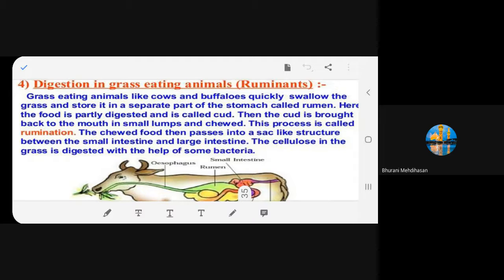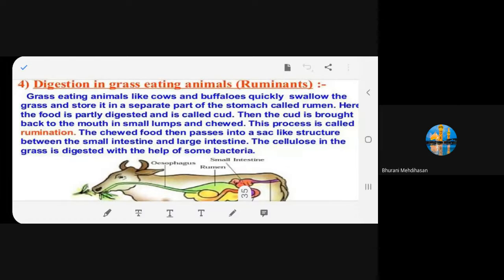Then the cellulose in the grass is digested with the help of some bacteria.